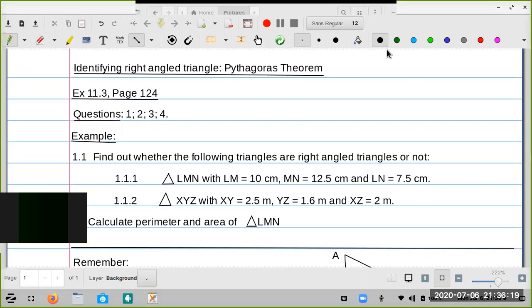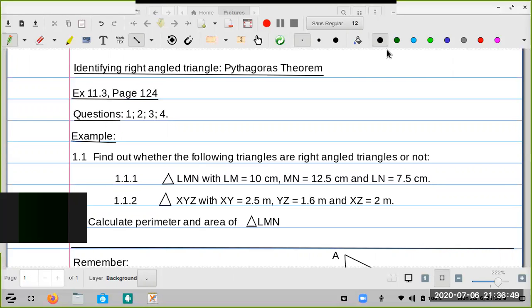Now, if you still remember from the previous lesson, under Pythagoras theorem, I said Pythagoras theorem is an idea which is used on a right-angled triangle, right? In other words, this theorem is only true if the triangle is a right-angled triangle.